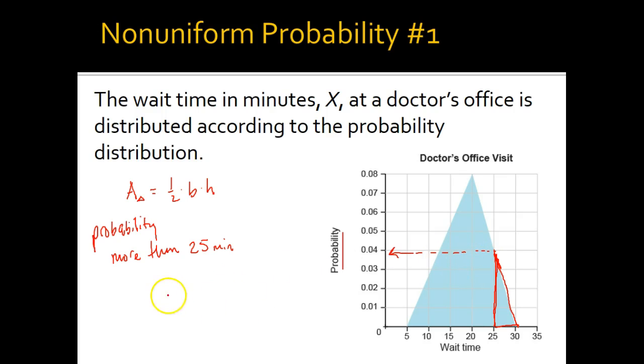Okay, so the area of this little triangle here is going to be 1/2 times the base. The base goes from 25 to 30, that's the longest wait time. It's 25 to 30, that's 5. So 1/2 times 5 times the height, which is 0.04.